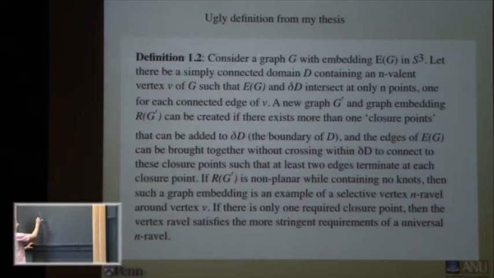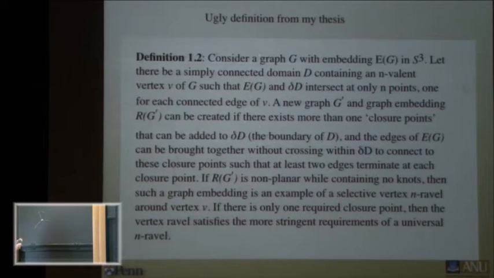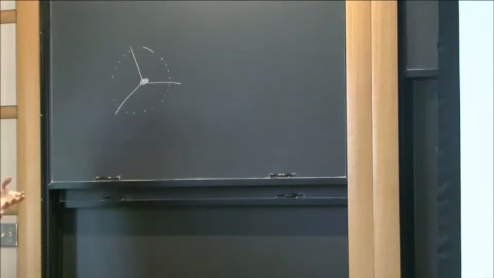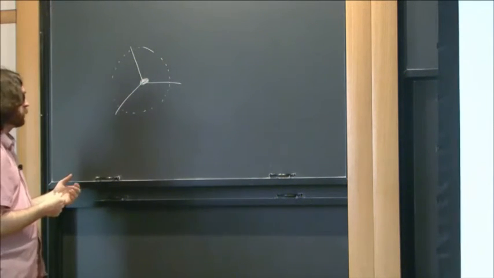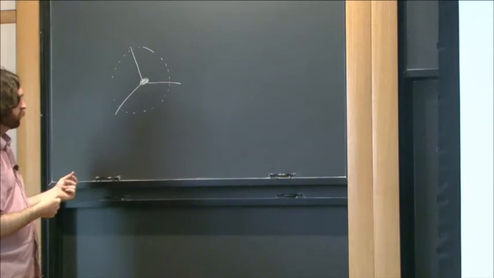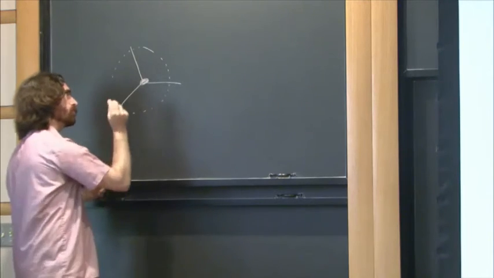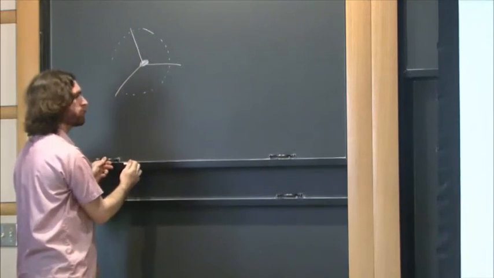One way to insert a ravel is to define a ball around it, excise the ball, play with the edges to your heart's content, and then stick the ball back with the edges exiting in exactly the same place as they used to. That will be guaranteed to give you a vertex ravel as long as, with the playing with the edges, you haven't introduced any new knots.